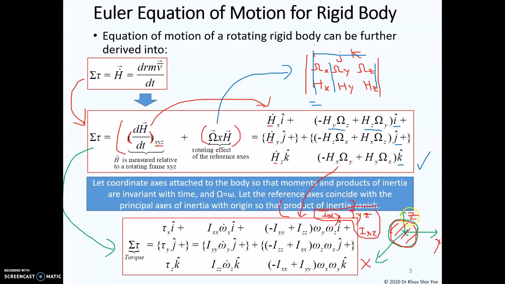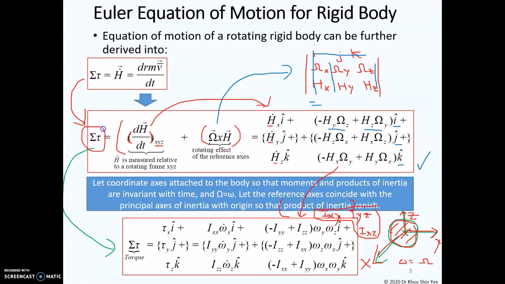Also, if you attach the axes to the center of mass, basically the axes are the same as the rotating frame, and therefore the omega will be equal to Ω in this case. So you can just change the Ω to the omega symbol.